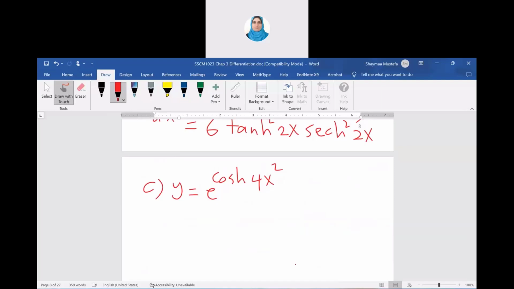So which function do we have to start with? I have e to the cos 4x squared, so which is the first function that I have to find its derivative? Is it e, or cos, or 4x squared? Because we have 4x squared inside cos and cos 4x squared inside the exponential. So I have to start from which one?